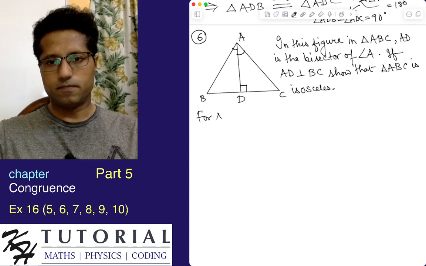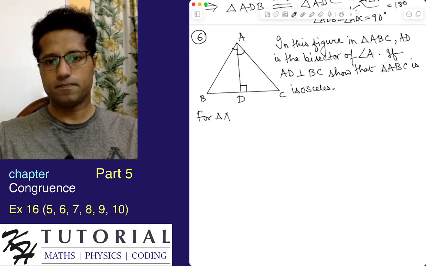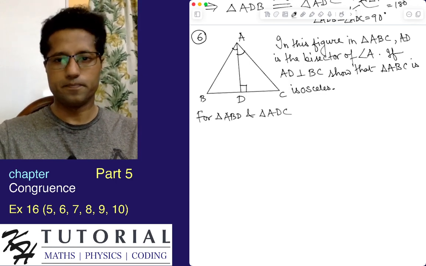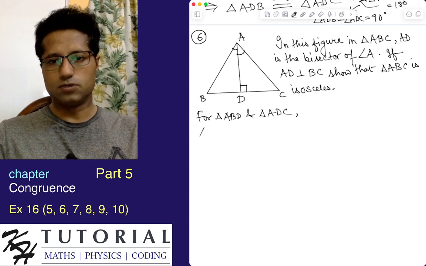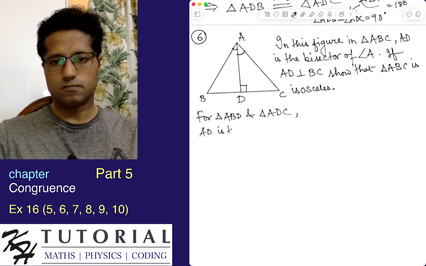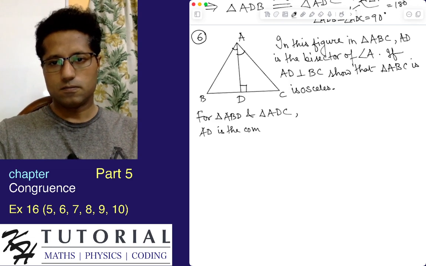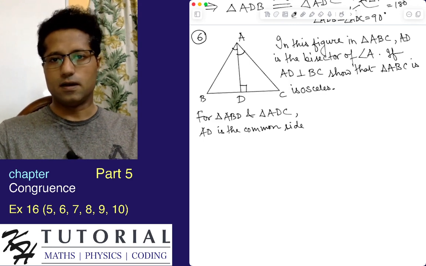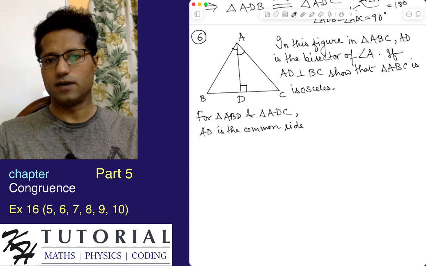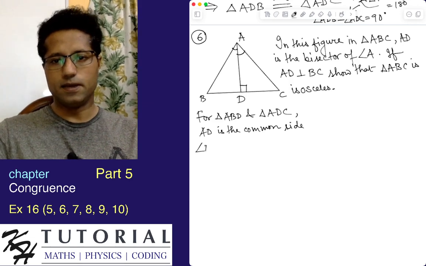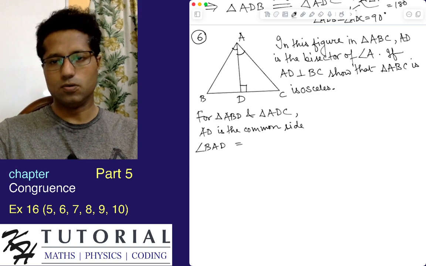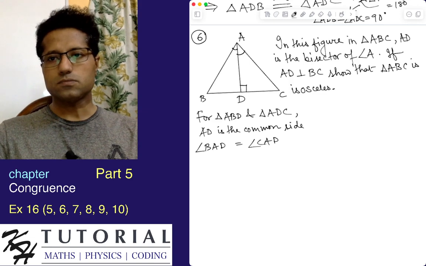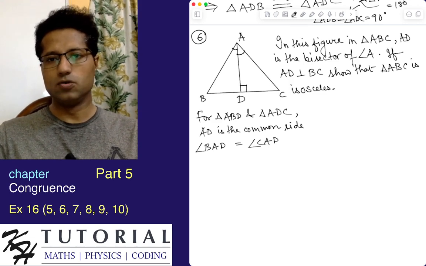Now we will consider the triangle ABD and triangle ADC. What we have: AD is the common side. It is given that AD is the bisector of the angle A in triangle ABC, which will mean that angle BAD is equal to angle CAD, and it is also given that AD is perpendicular to BC.